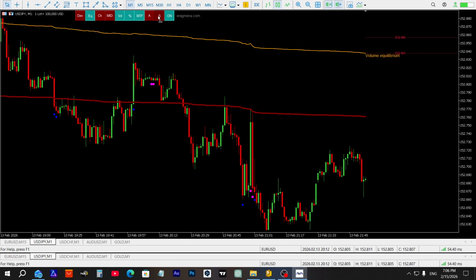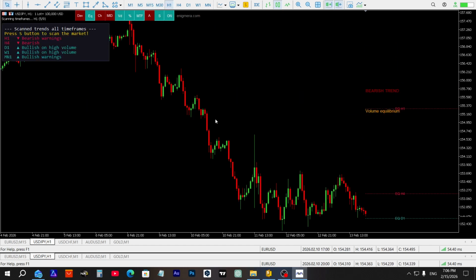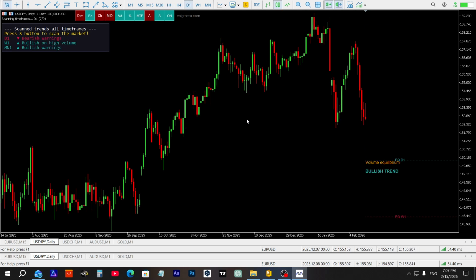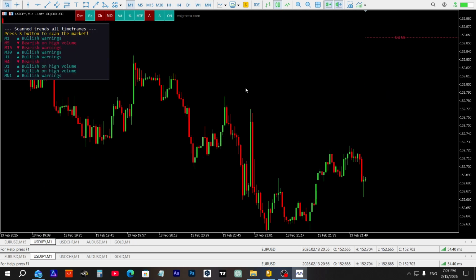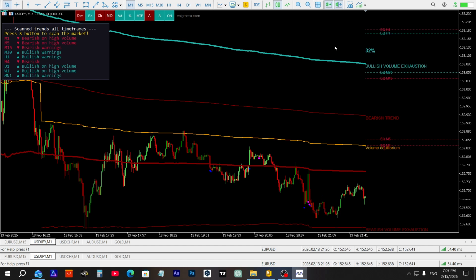It is not a bad idea, if when you look at the chart and check the trend you see that something is not exactly the same as it is written on the chart in this table, to rescan the chart again, pushing the S button again.